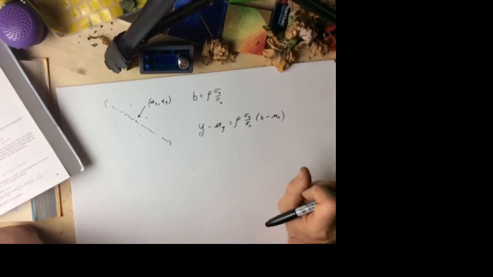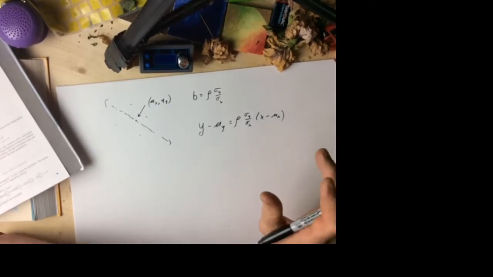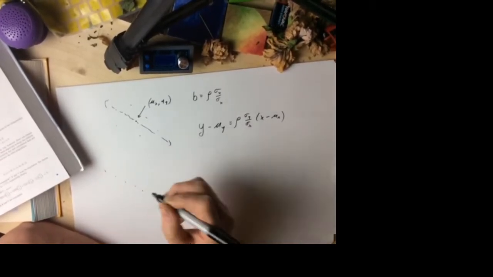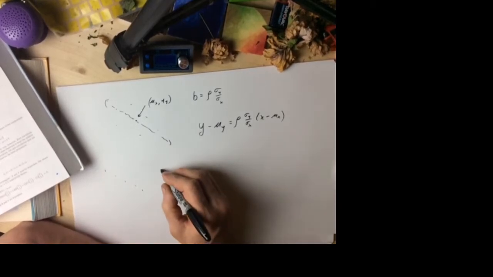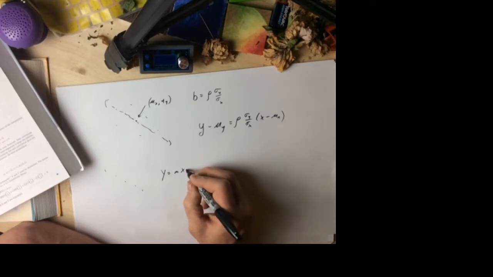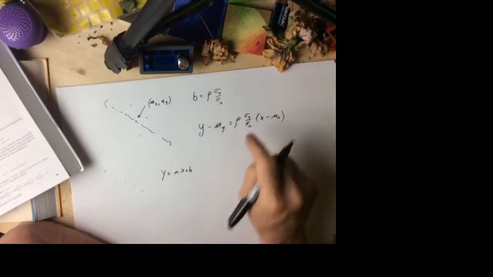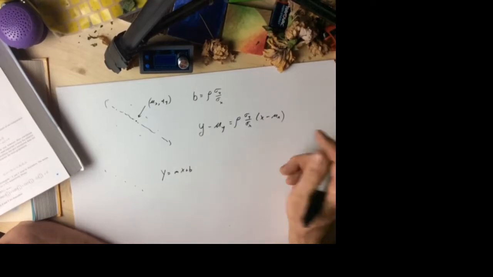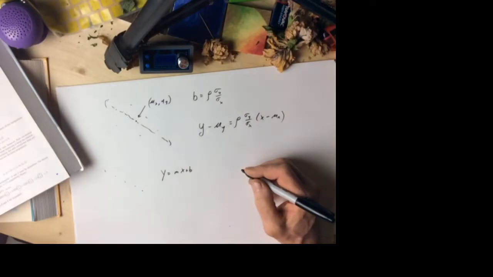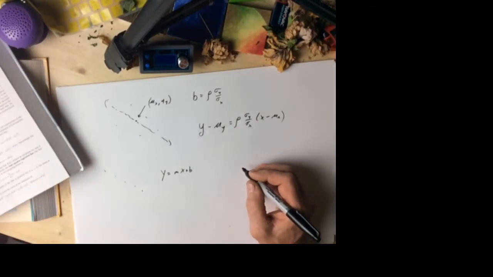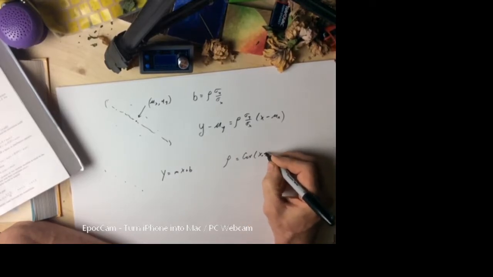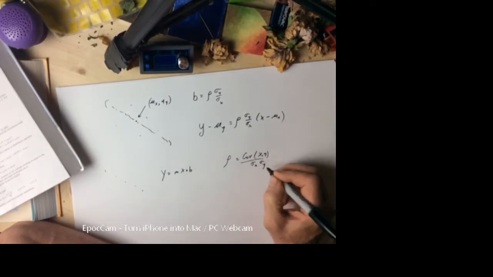Well, let's ask ourselves, does this make sense? What happens if our PMF was actually a straight line, if the variable y was actually some mx plus b? Would that have been the case? And the answer is absolutely. Just take a look at the definition of rho again. Rho is the covariance of x, y over sigma x, sigma y.